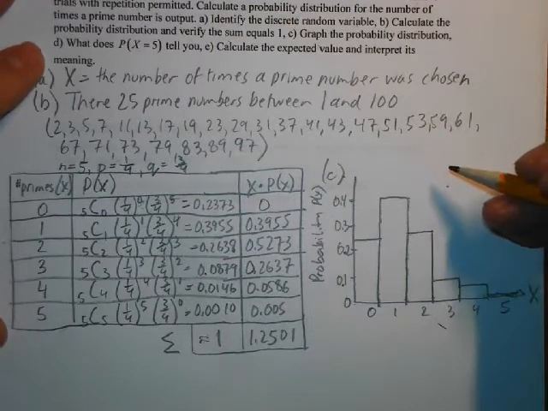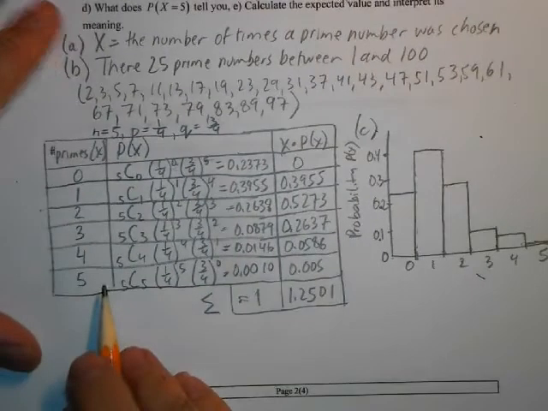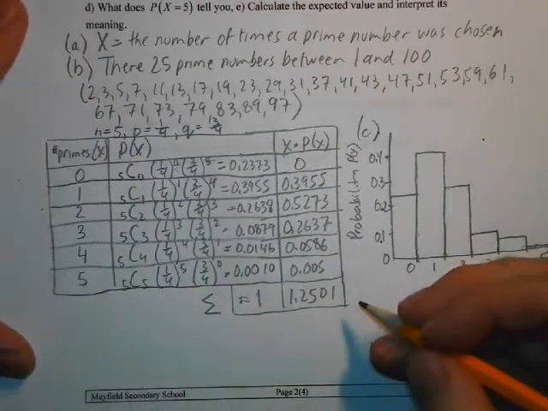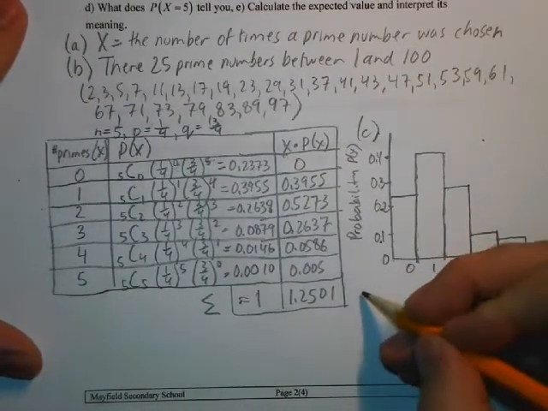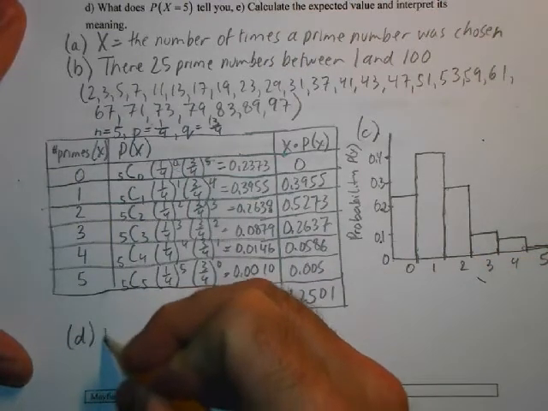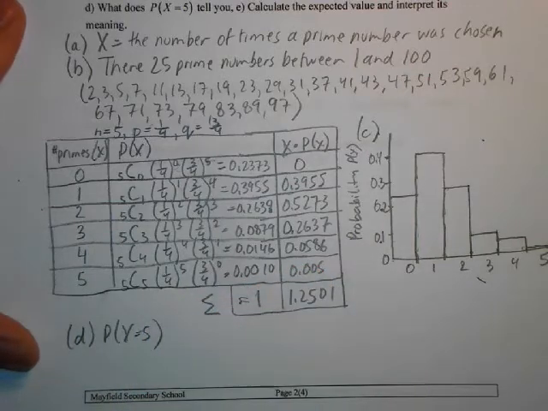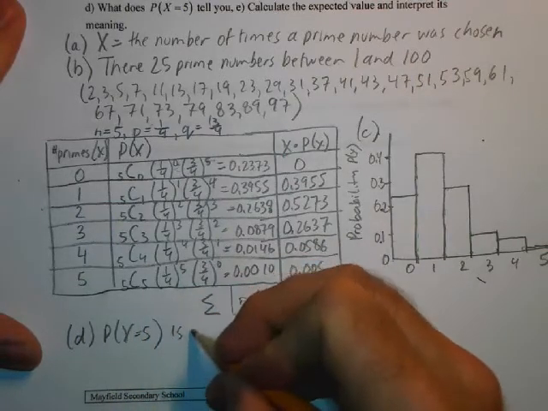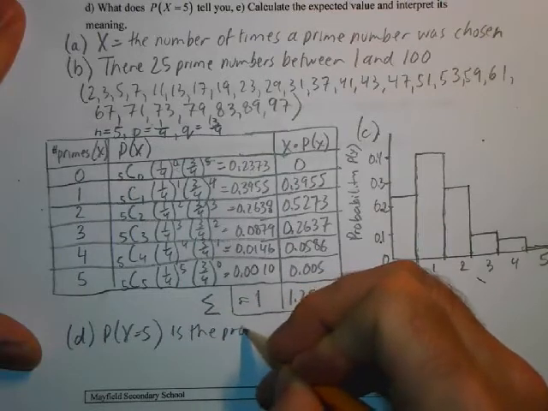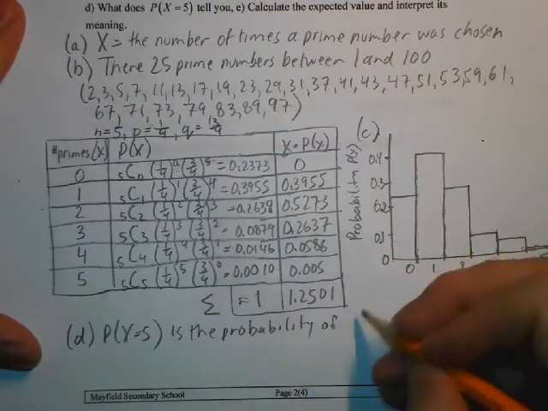What does p of x equals 5 tell you? That would be this line here. So for D, p of x equals 5 is the probability of selecting 5 prime numbers.